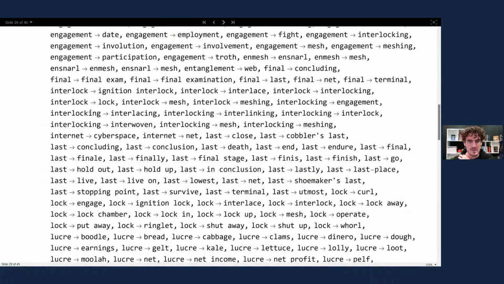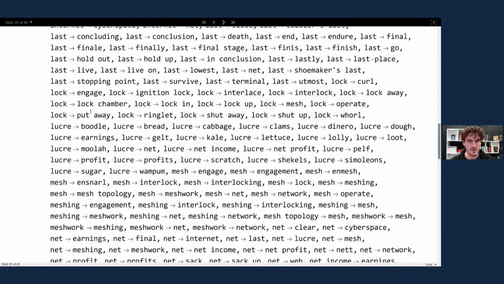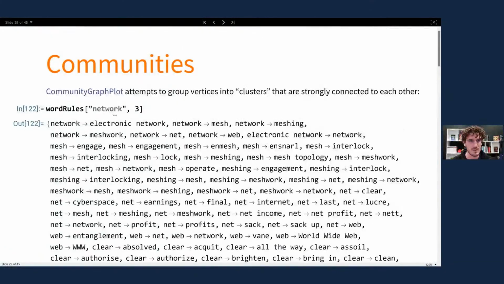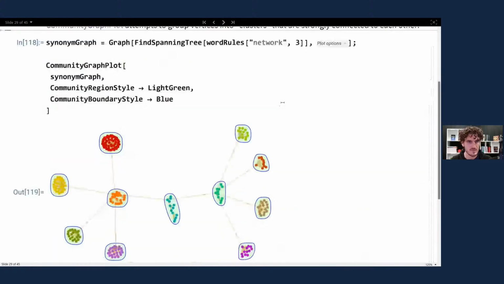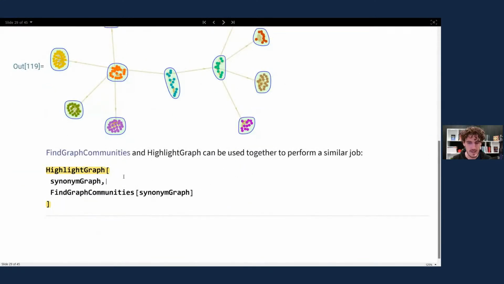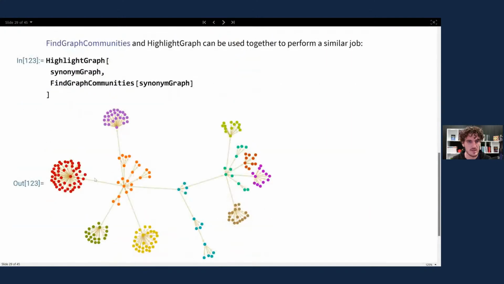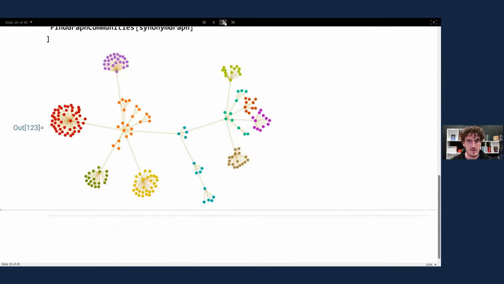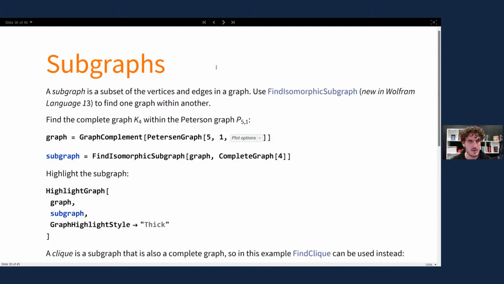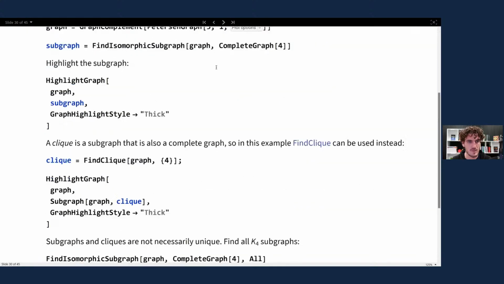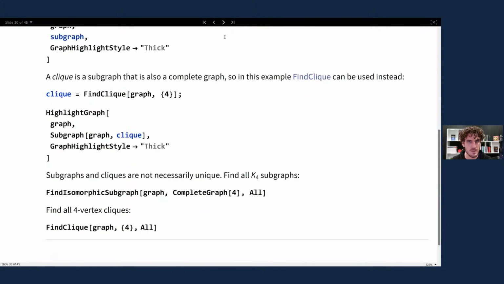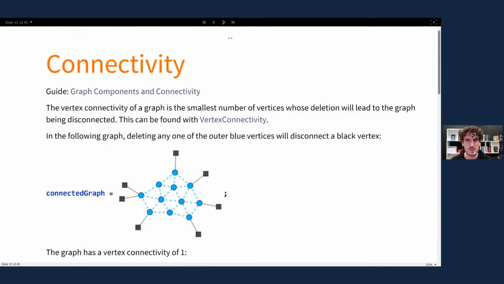So it's really just finding similar words, and the similarity is represented by an edge in the graph. Again, highlight graph, we can highlight the communities in different colors. I think I'll skip this because I did talk about this a lot in my other talk.